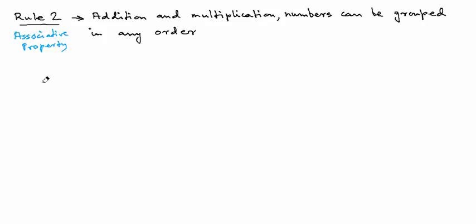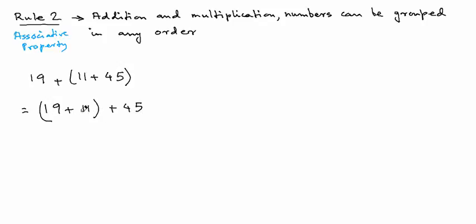In other words, if you have, let's say, 19 plus 11 plus 45, you could change the grouping and change it to 19 plus 11 in one group plus 45. And why would you do that?